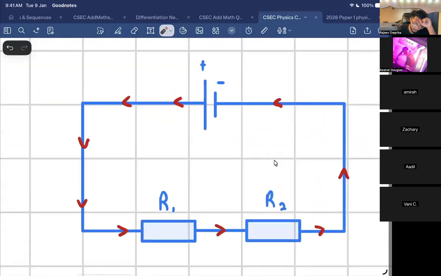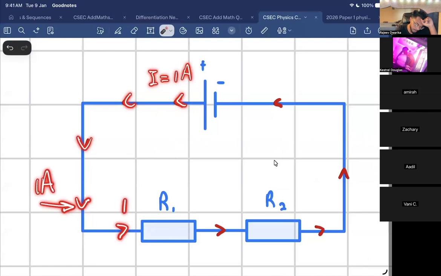So look at this diagram here. Let me just say we have a current of 1 amp flowing. Anybody want to tell me what is the current at this point over here? 1 amp. What's the current here? 1 amp.